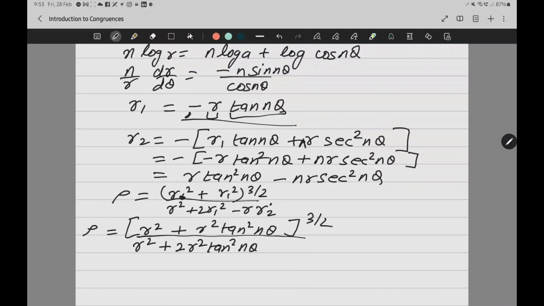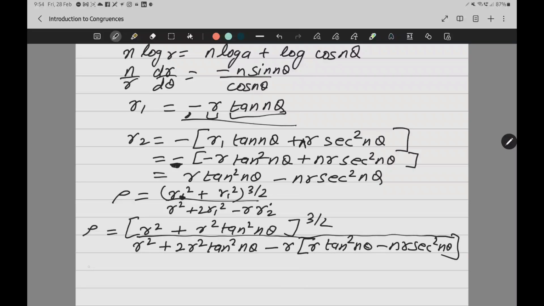Again here also minus will become plus. Now minus R R2. So here I'll write the value of R2, and this is what I was saying. Even if I keep this minus sign out, it will become plus. But anyway, since we have converted, I'm putting R only. So R tan square n theta minus nR secant square n theta.